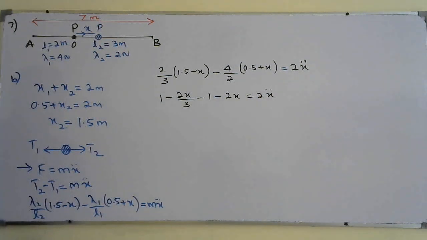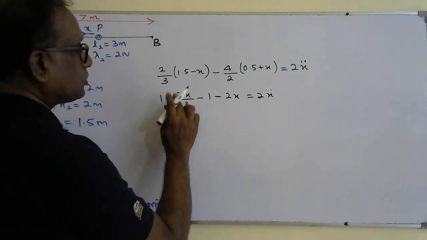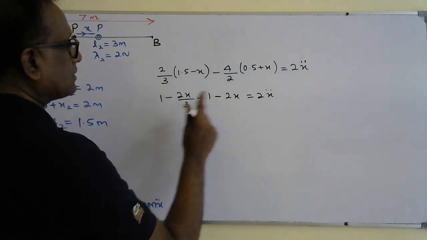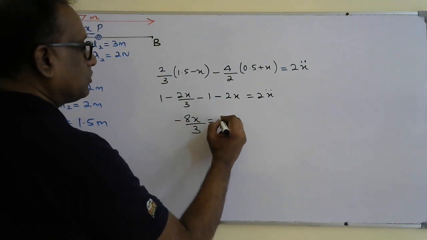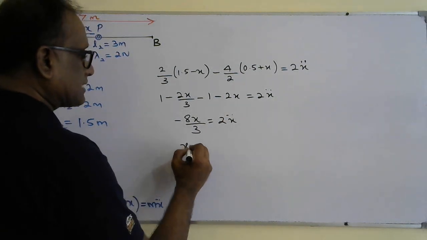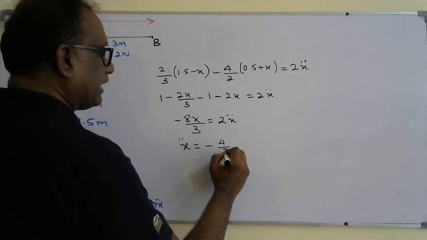I think I'm correct, check it. Yeah, it's going correct. 1 minus 1 gets cancelled, minus 2 by 3 x minus 2x, so minus 8x over 3 equal to 2x double dot. So that means x double dot equals minus 4 by 3 x.